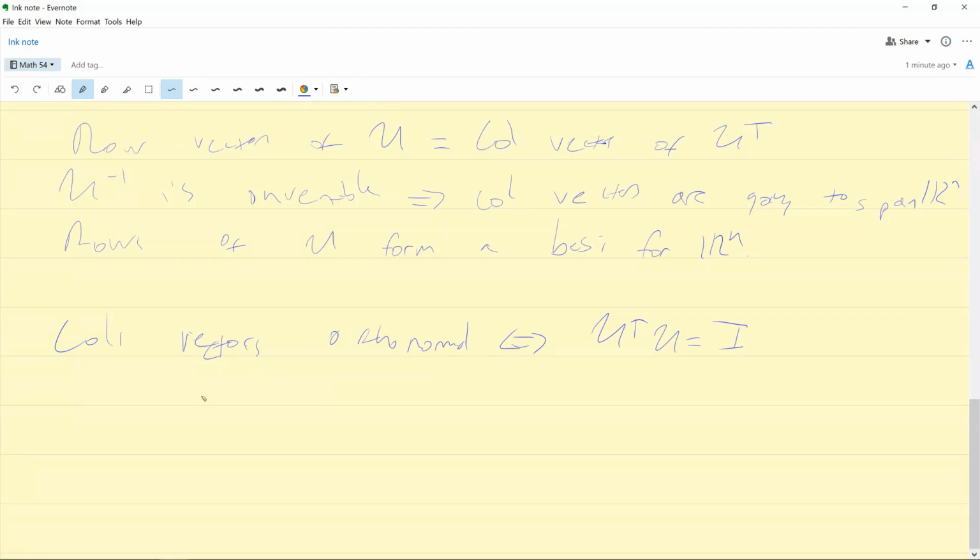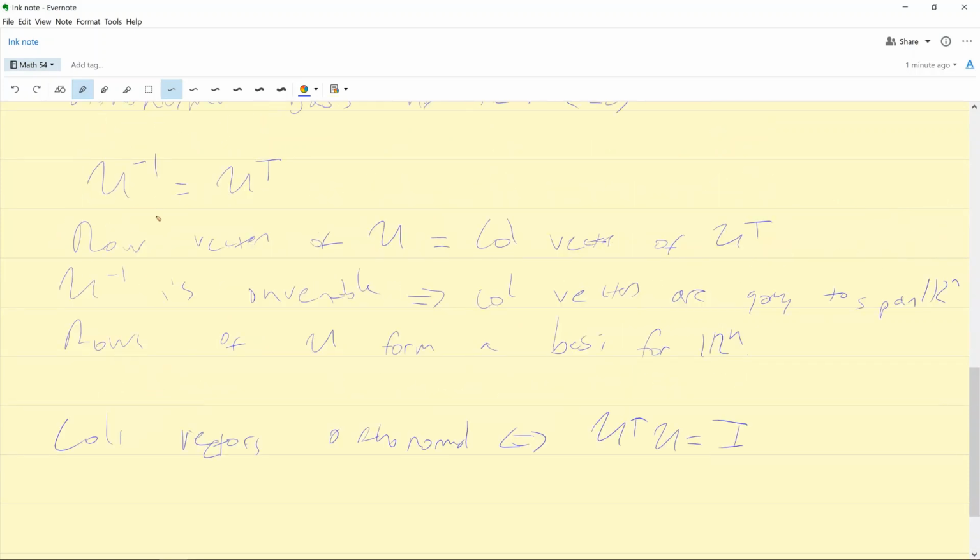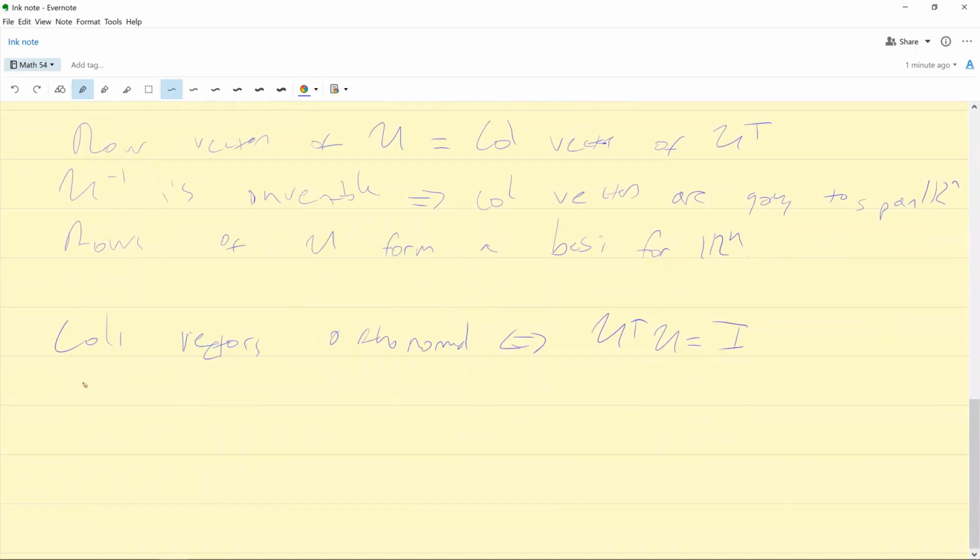But we know this is going to be the case, because this condition is implied by the top condition, where U inverse is equal to U transpose.